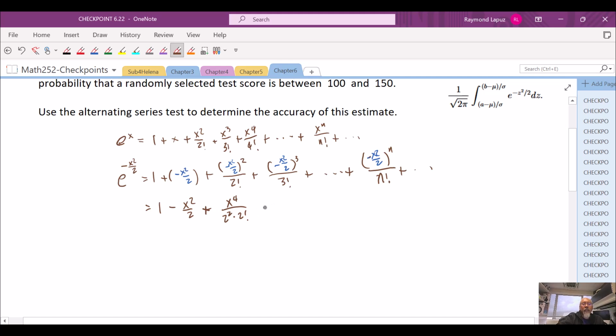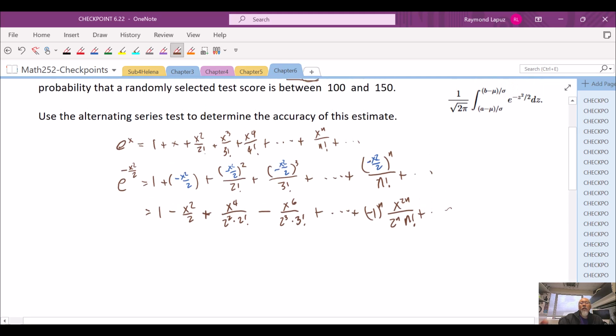The next one is going to be a negative because it's raised to the third power, and I'll have x to the sixth over 2 to the third power times 3 factorial. Now I can see that pattern. This is going to be negative 1 to the nth power, that's the negative being taken care of, that makes the alternating series. I have x to the 2n up on top, and then this 2 to the n in the denominator along with the n factorial. I can verify all the other terms that I've had before, and it looks pretty much just like that.